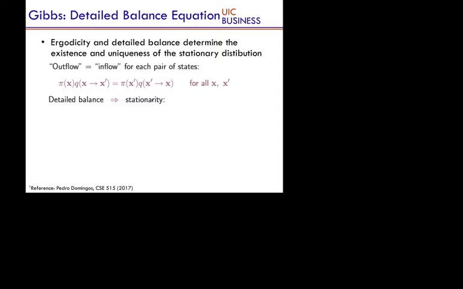Now, to see that detailed balance implies stationarity, we can just do this operation. Let's go from the right hand side: sum over x of pi of x times q of x to x prime. By detailed balance this equals the sum over x of pi of x prime q of x prime to x.